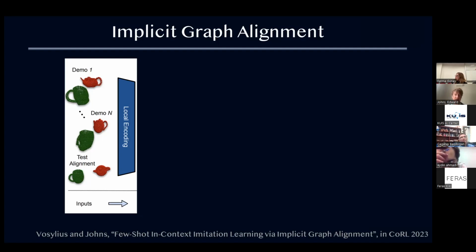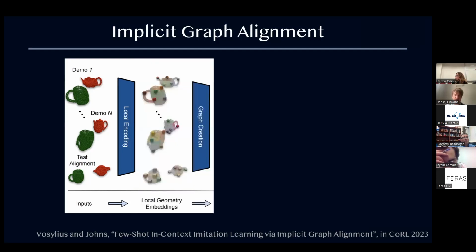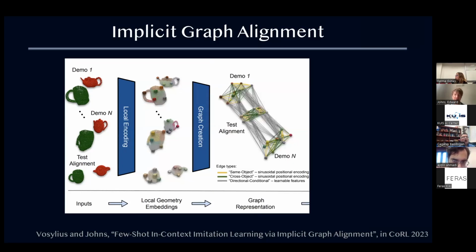Now, what we're using here are point clouds, and we're going to take all of these, the demonstrations plus the candidate test alignment, and create a local embedding of these point clouds. And then we're going to create a big graph from all of these local embeddings. And we have this big graph that now connects together all of the different local components of the demonstrations, but also the local components of the test alignment.